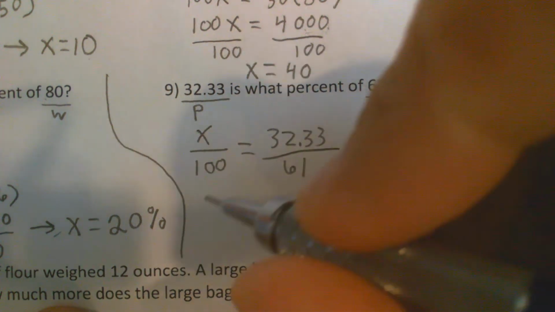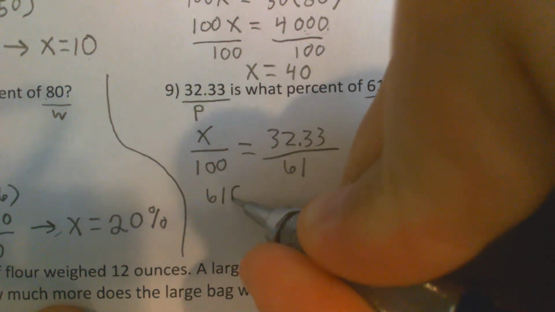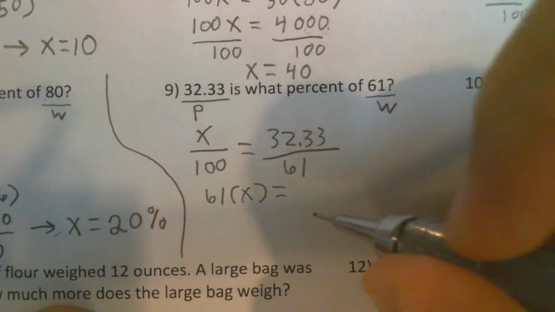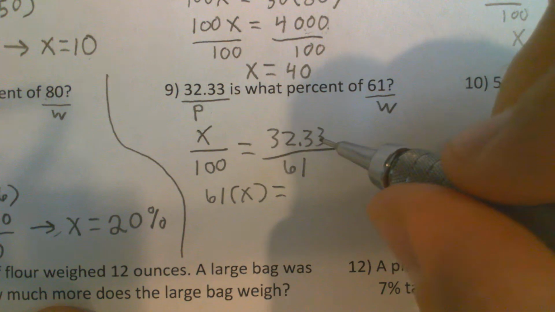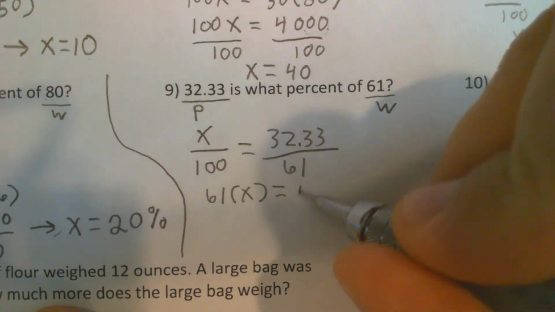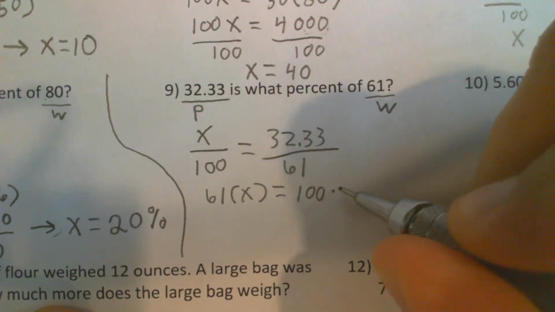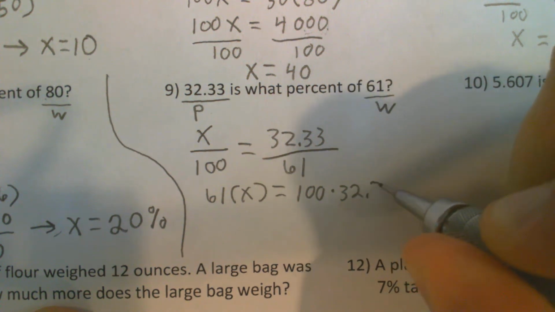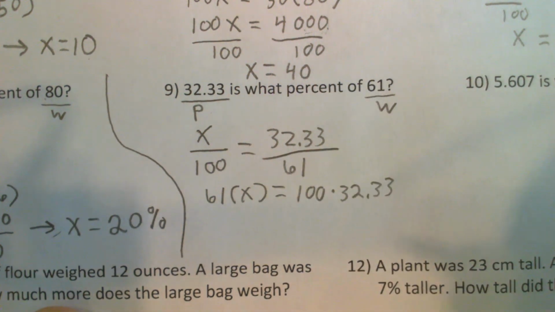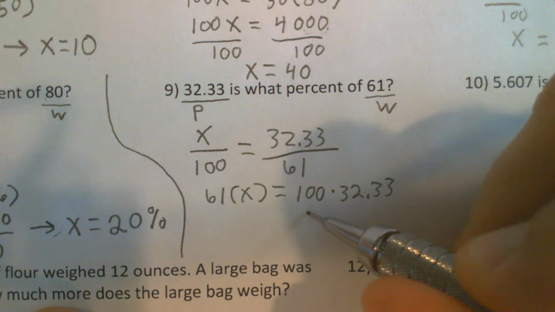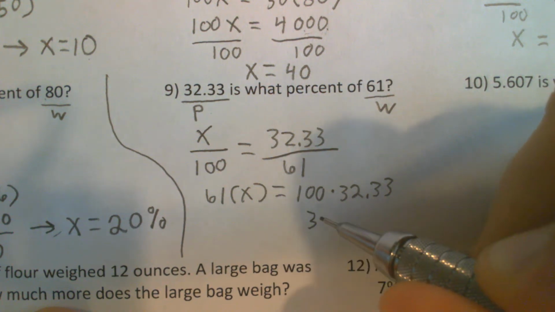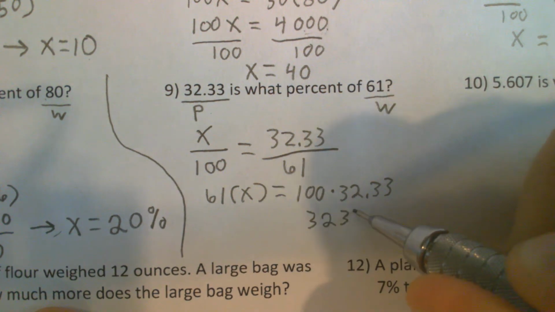Cross multiply. 61 times x equals 100 times 32.33. That's going to give us 3,233.